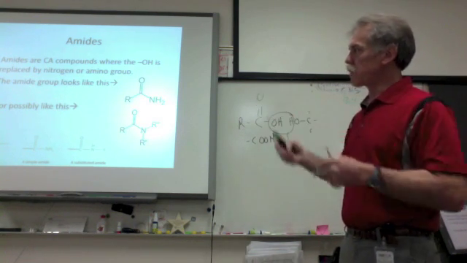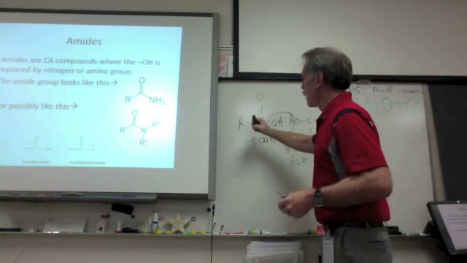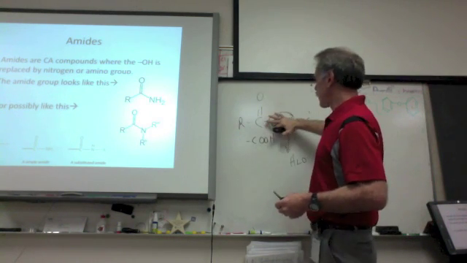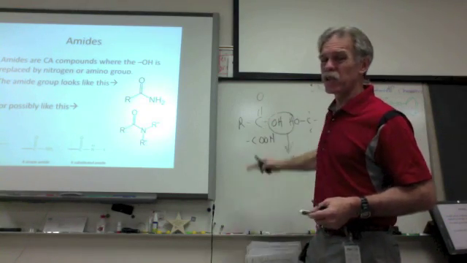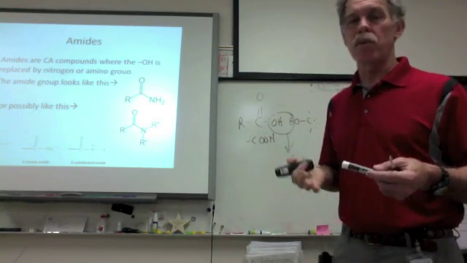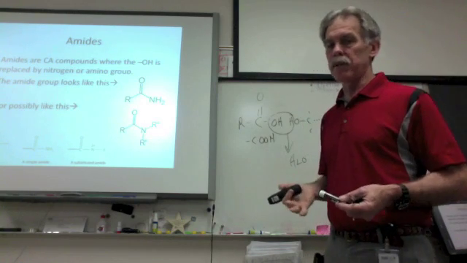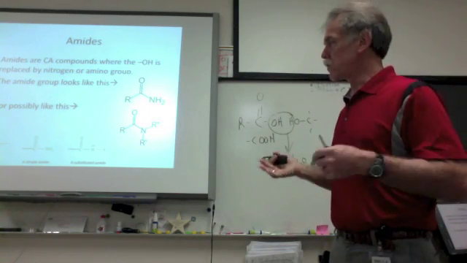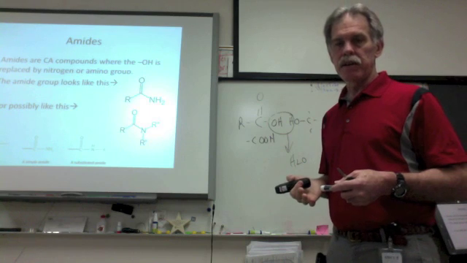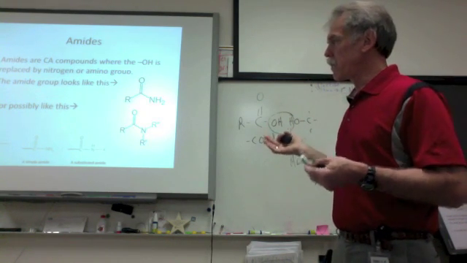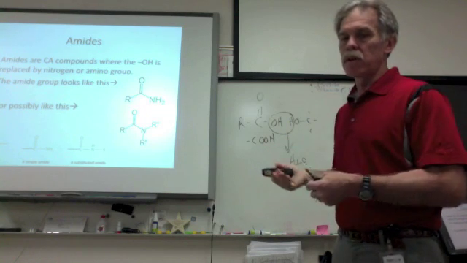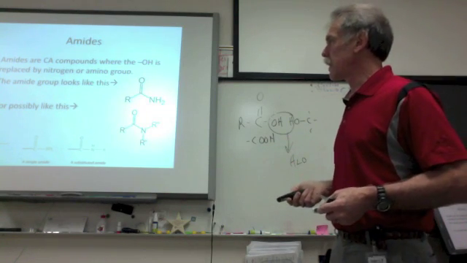Amides look like this general structure where it's an R, a C double bond O, and instead of an OH we have NH2. But instead of NH2, we could have one of those H's or both of them replaced with carbon chains. So that would be first or second degree substitution. And we'll go over a little bit of the naming if it's substituted like that.